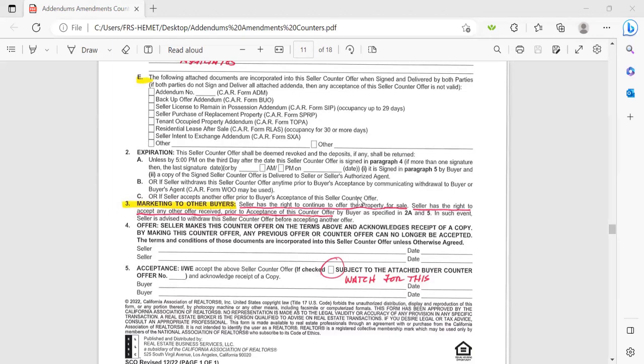Well, that is true. You do have 3 days. However, seller has the right to continue to offer the property for sale. Seller has the right to accept any other offer received prior to acceptance of this counteroffer.